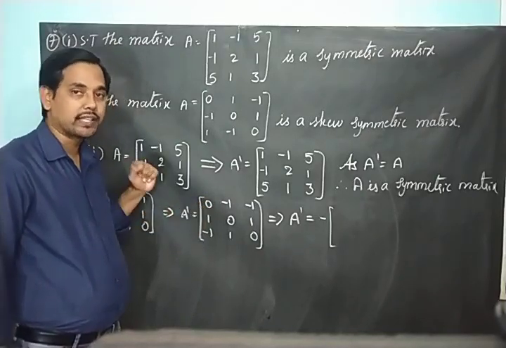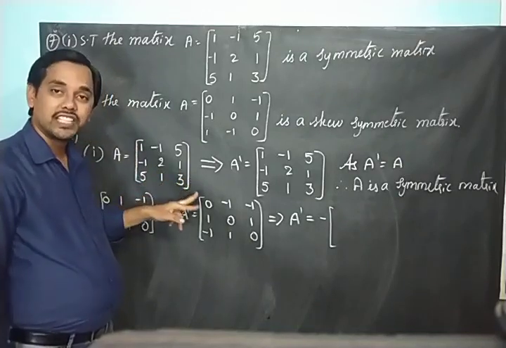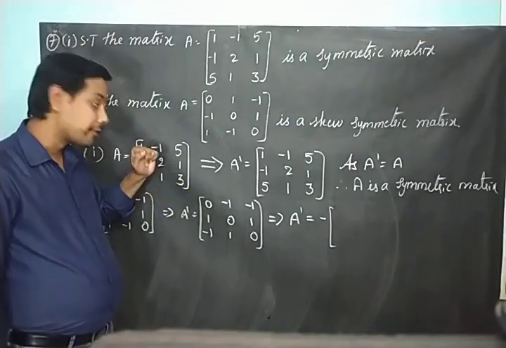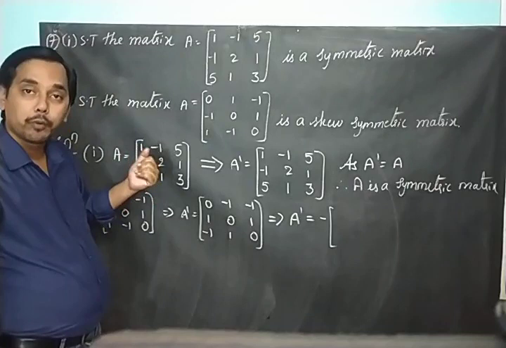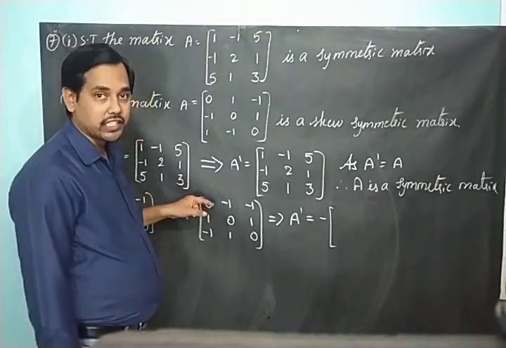If negative values are there, they will become positive. Because I have taken the negative outside, the sign will change inside the matrix, and that will be for each and every element.